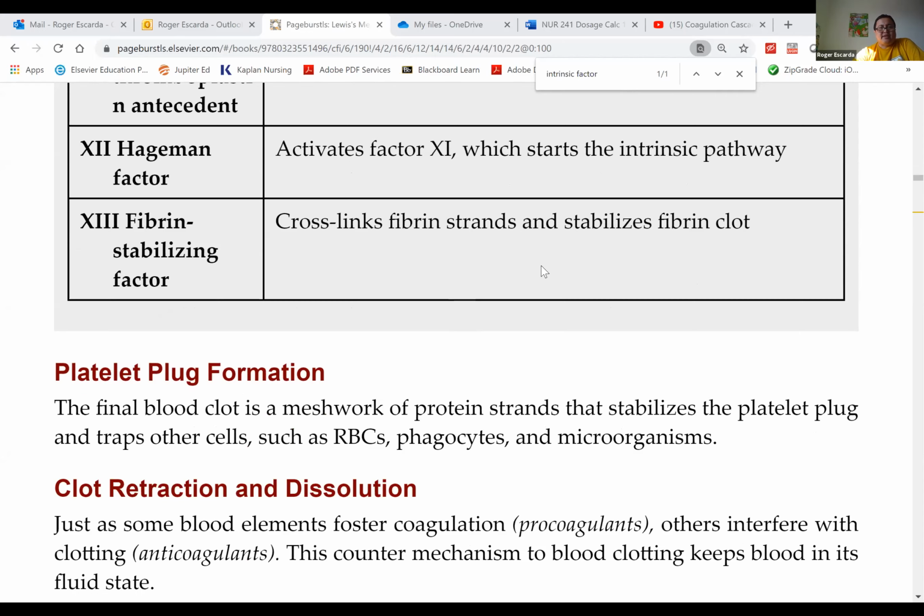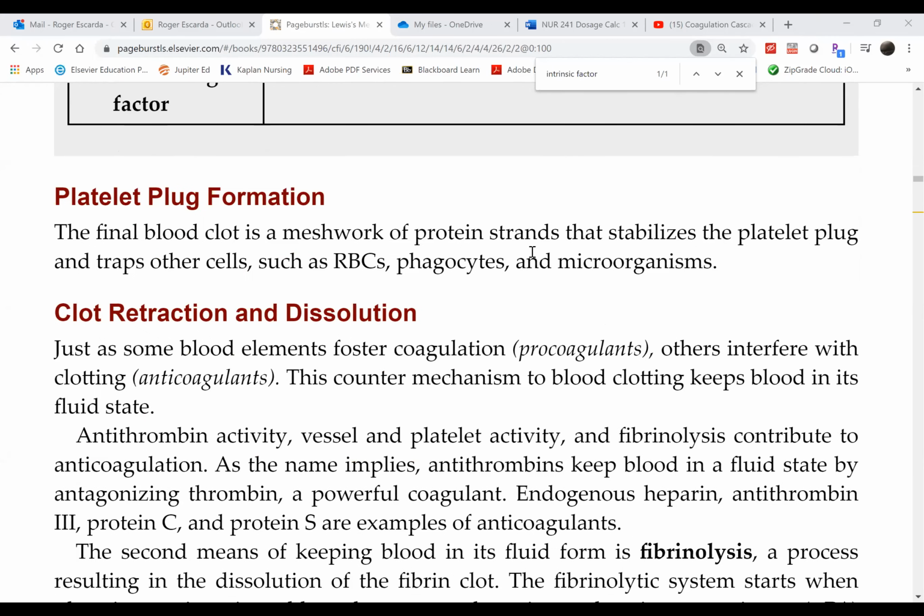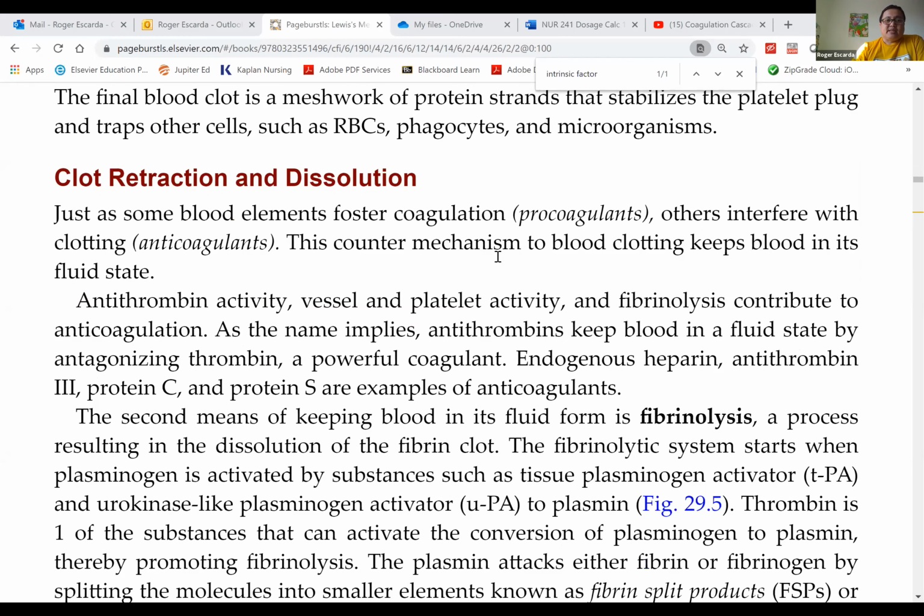Yes. Alrighty. Yes, Professor. After the platelet plug is formed, meaning you have a clot, the next step is now clot retraction and dissolution.